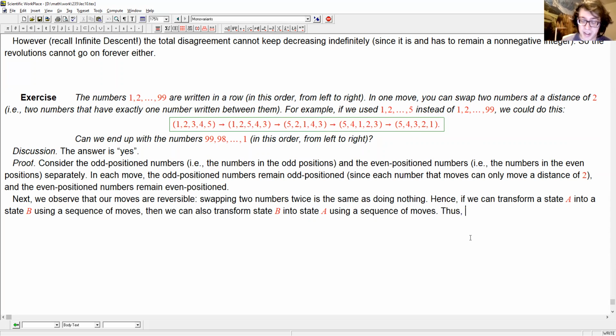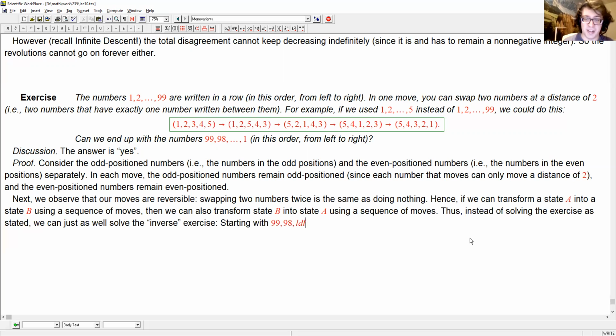So thus, instead of solving the exercise as it is stated, we can just as well solve the inverse exercise, starting with the numbers 99, 98, and so on. We want to end up, so we want to achieve 1, 2, and so on, 99.